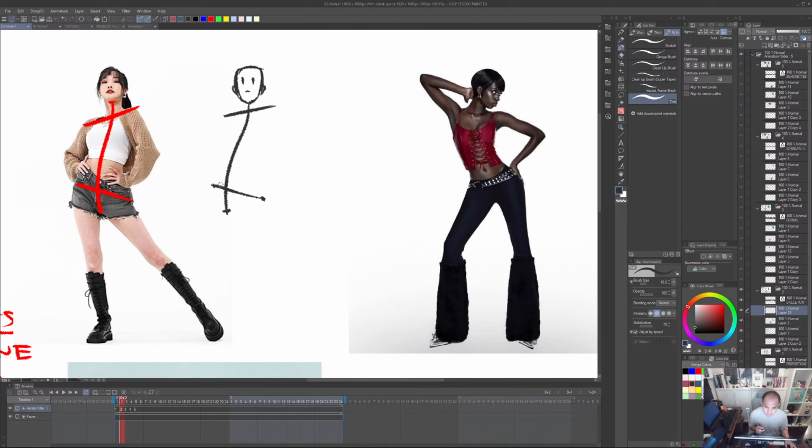And so for better looking poses, make sure that these two lines are not parallel to each other like this, right? If that is your drawing, this is an X, it should be more like that.